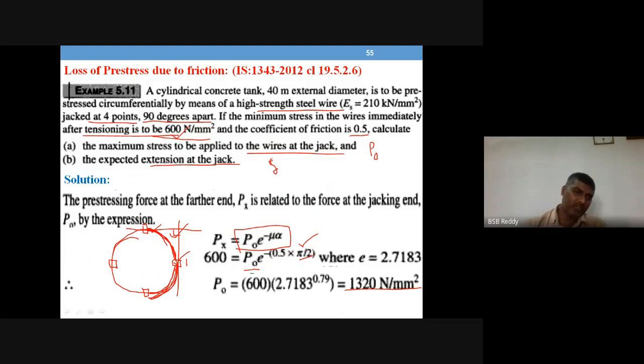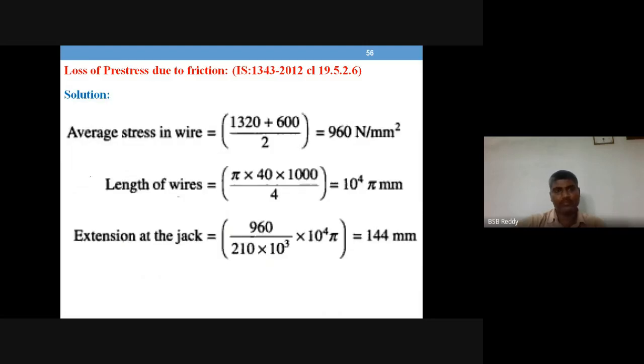When it goes to the other end, the value you read there will be only 600, because out of 1320, only 600 is left. Remaining everything is lost. Right, average stress in the wire is: one end 1320, other end 600.